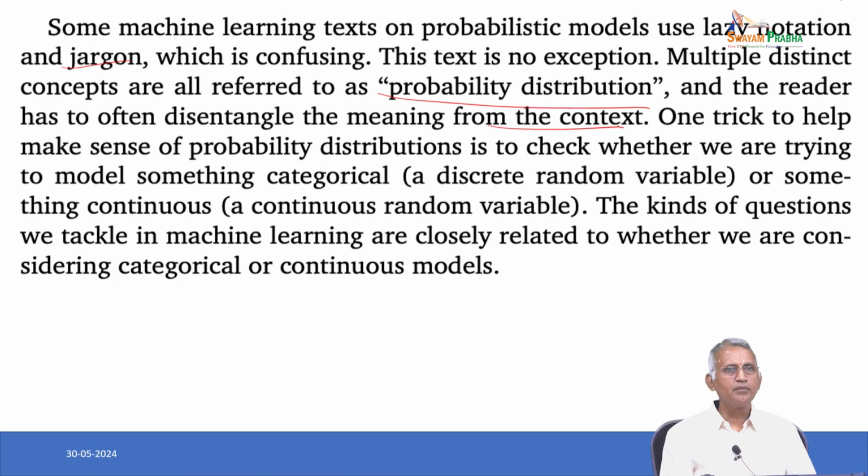One trick to help make sense of the probability distribution is to check whether we are trying to model something categorical, that is a discrete random variable, or something continuous, a continuous random variable. So, the kinds of questions tackled in machine learning are closely related to whether we are considering categorical or continuous models.